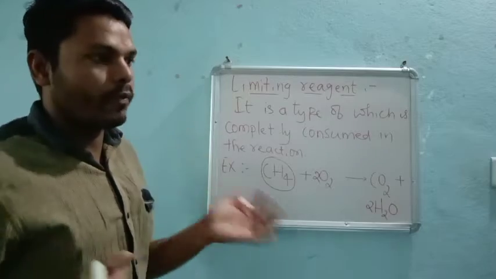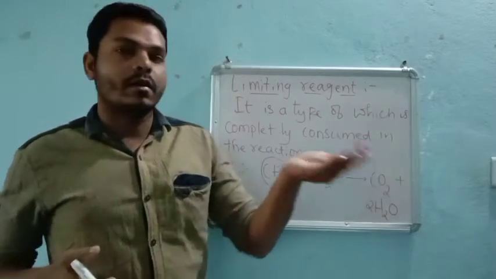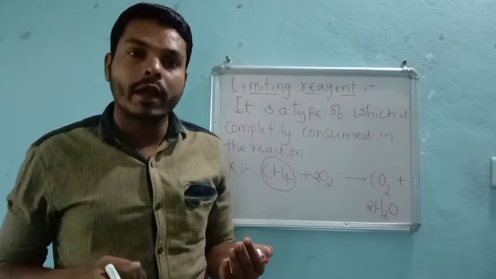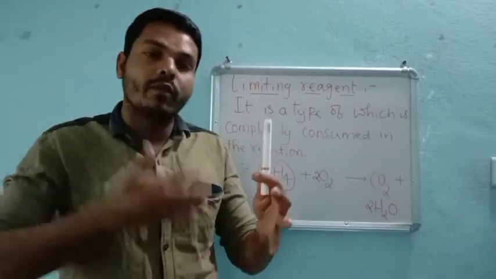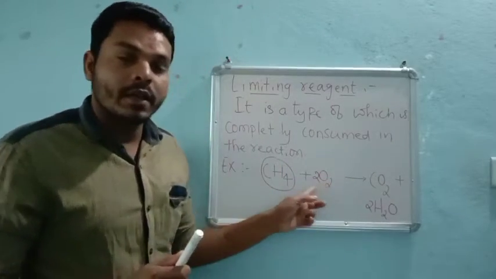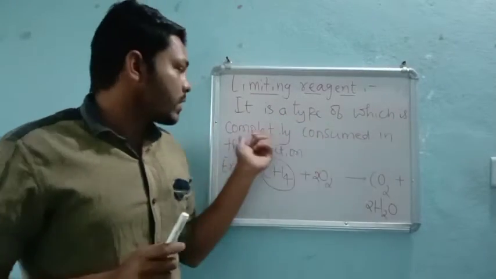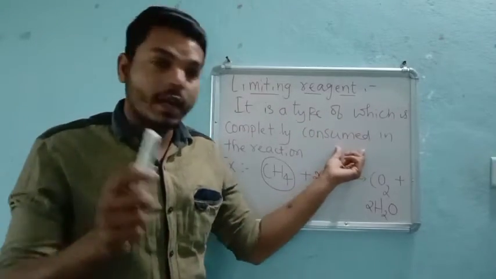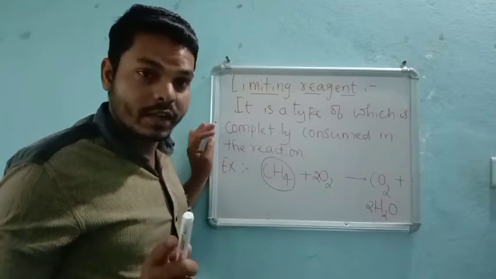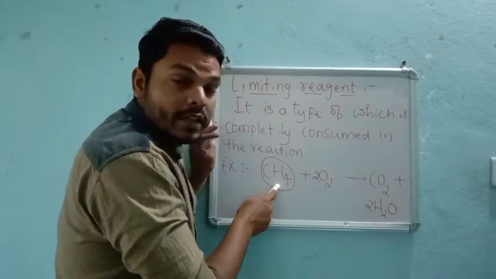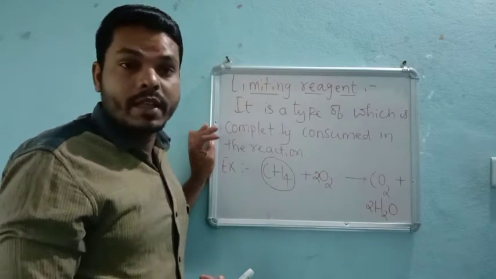If we expose our methane gas into the air, then definitely that methane gas will be consumed completely by the oxygen. What we said, it is a type of reagent which is completely consumed. Here the oxygen is not completely consumed in this reaction, but methane is completely consumed. Why? Because its concentration is less in the air.